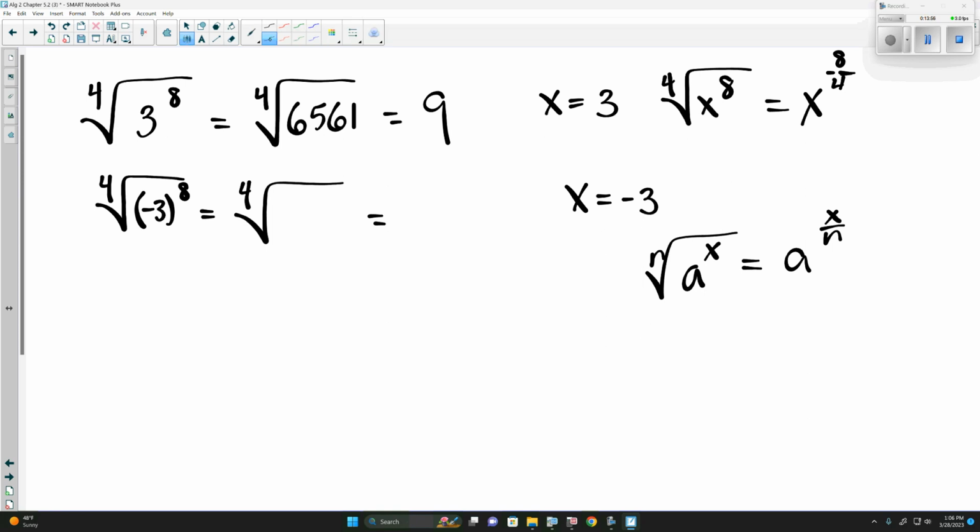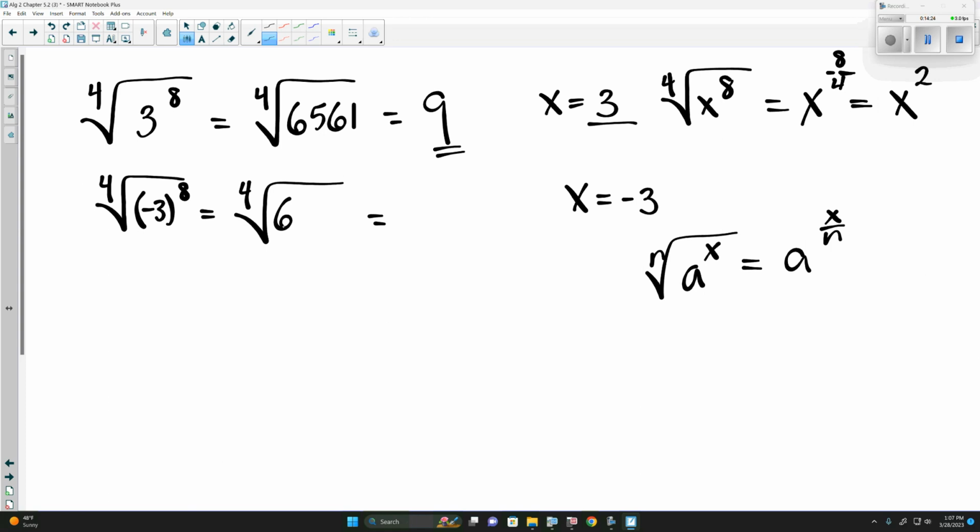Because the exponent, x to the 8th, the 8 goes on top, and our root is 4, so the 4 goes on bottom, yes? Well, 8 over 4 is what? 2. So the fourth root of x to the 8 is x squared. And we see that because when x is positive 3, we get positive 9, yes?